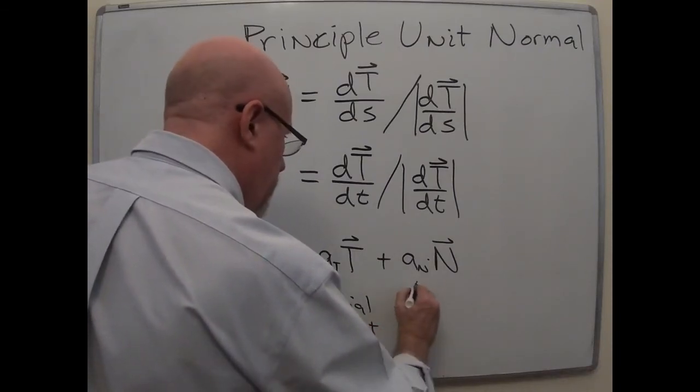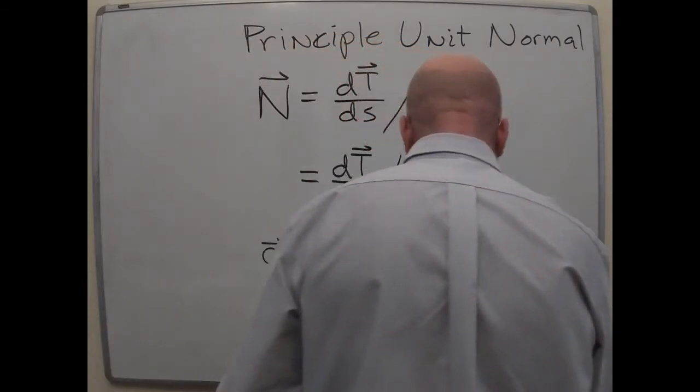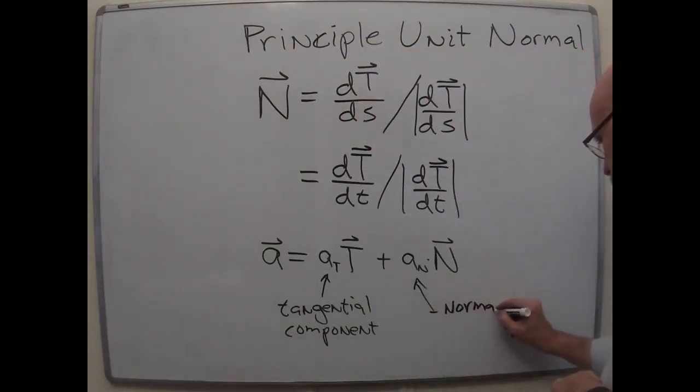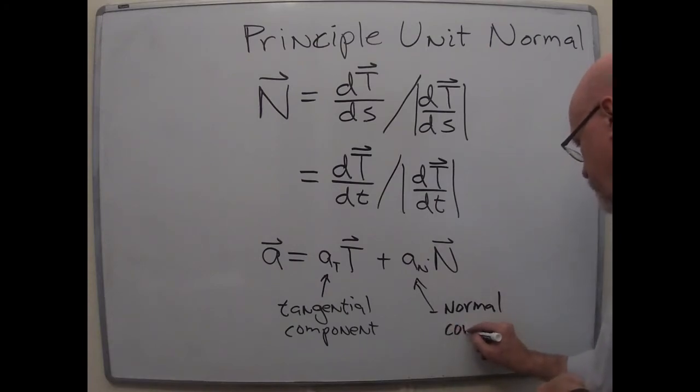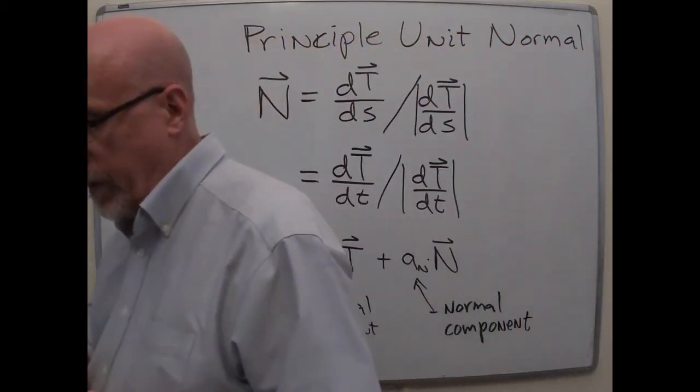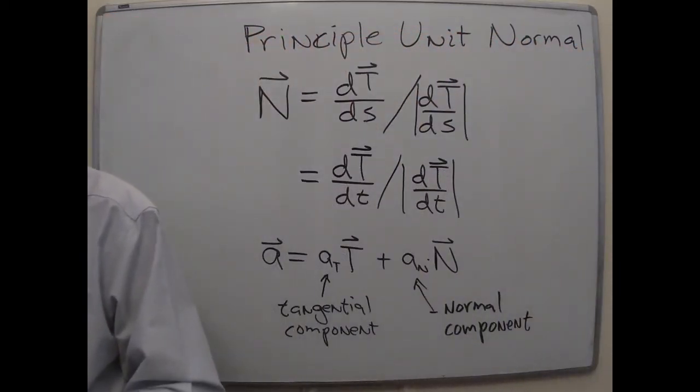And the other one is called the normal component. So I'd like to see how to compute those.